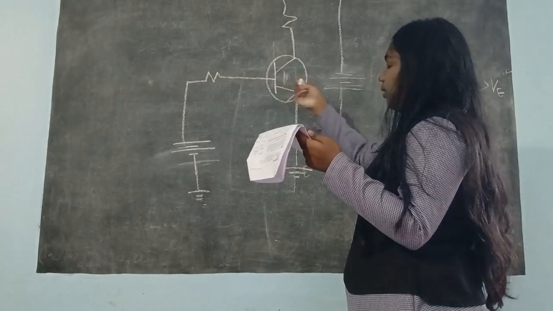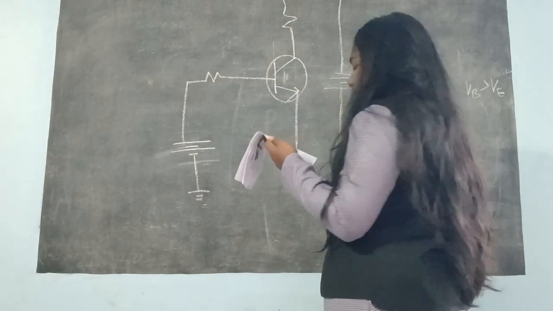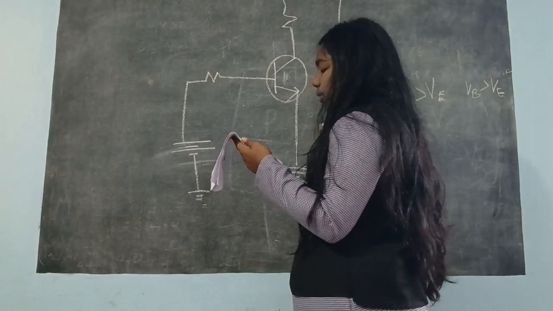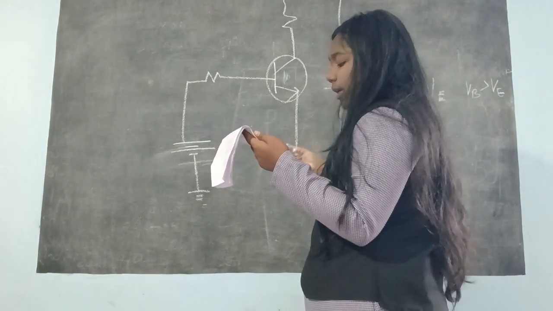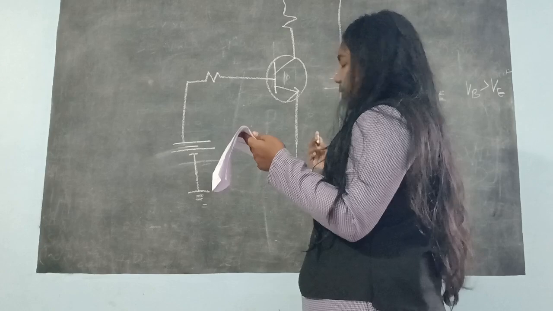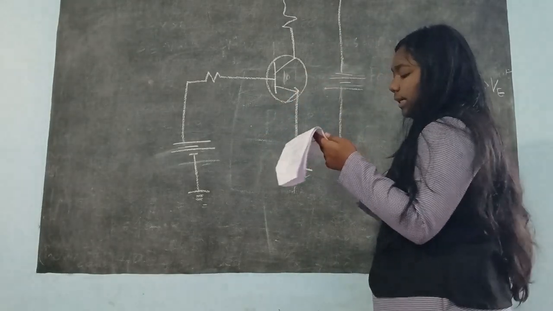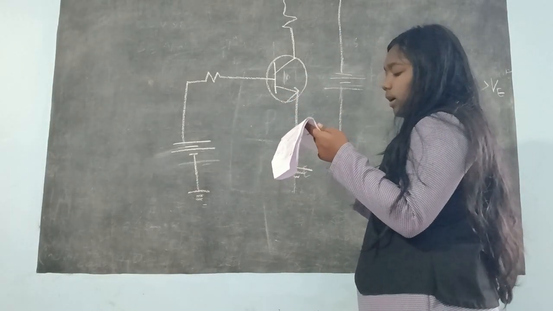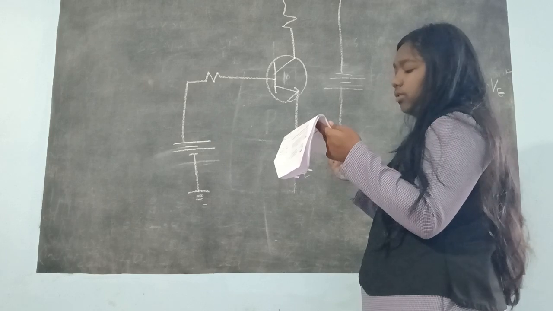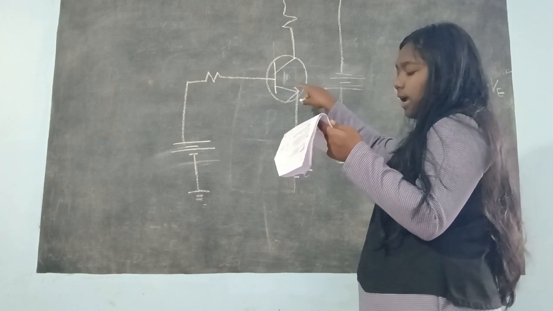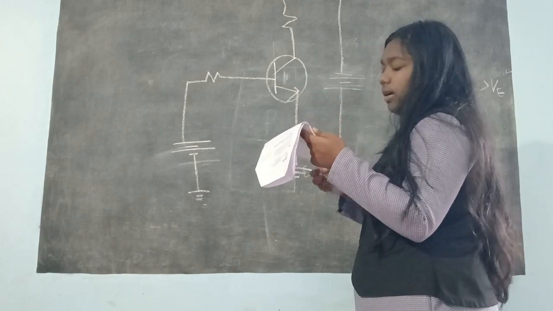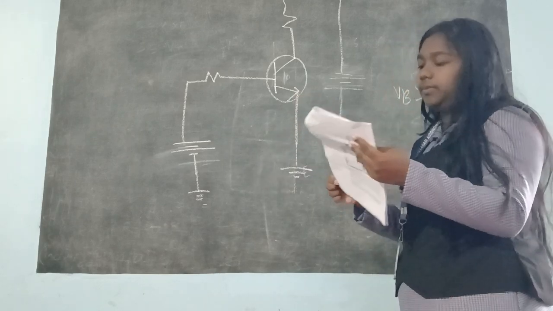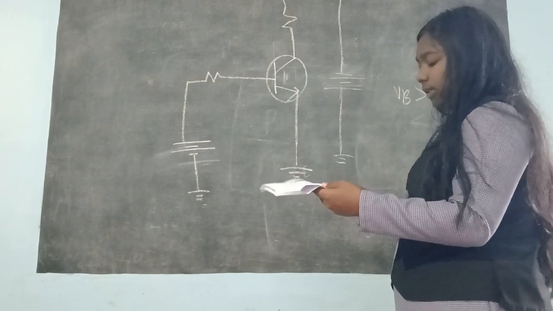Only a small percentage of electrons flowing through the BE junction can combine with the available holes in the base. So there is only a small current, and these relatively few electrons flow out of the base as valence electrons, forming a small base electron current. That's all we are discussing here.